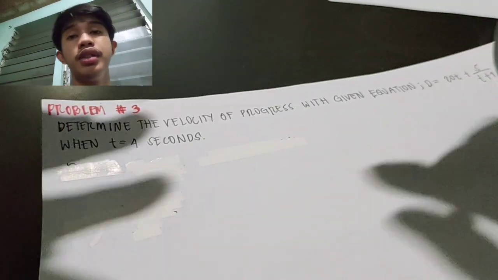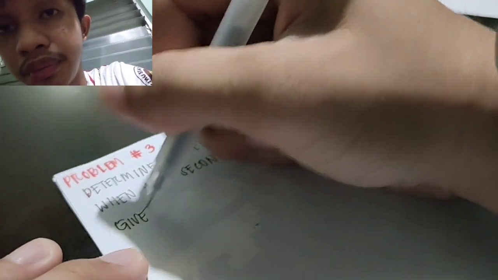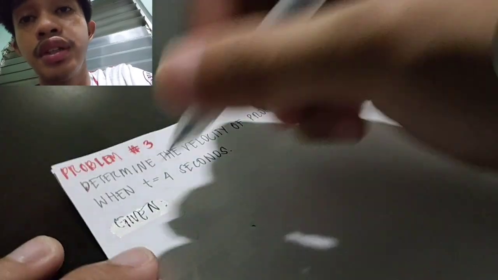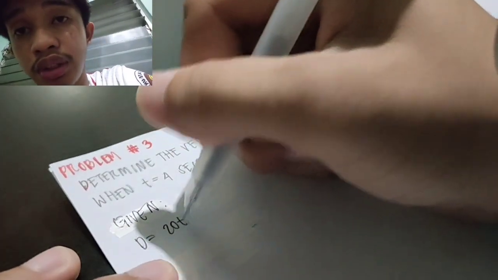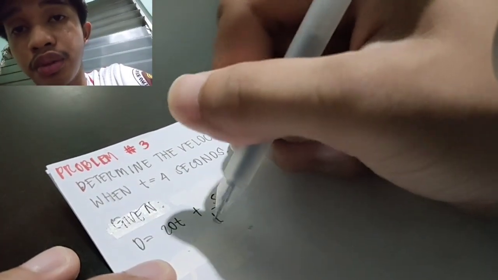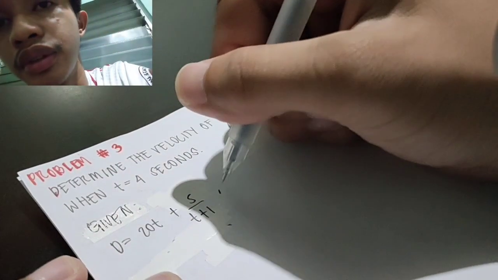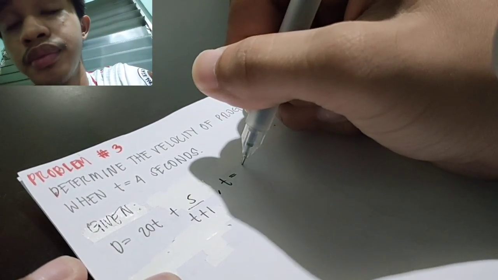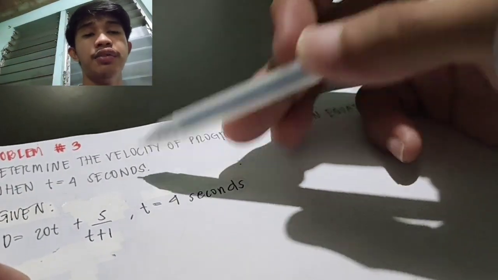So let's write the given. We are given an equation d is equal to 20t plus 5 over t plus 1, and also we are given time t, 4 seconds. So we are asked to find the velocity.